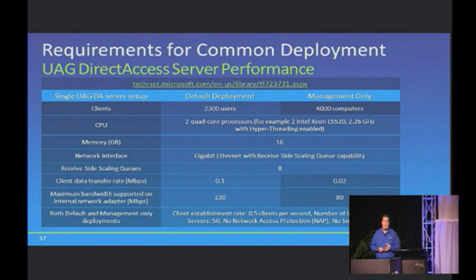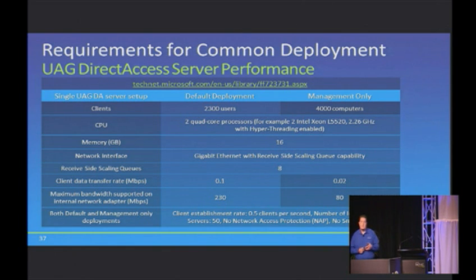And when you're using both tunnels as a default deployment, then it's around 2,000 users. So if you're using 2 boxes, you can figure out the numbers for your users.